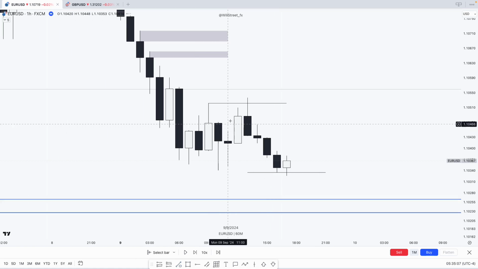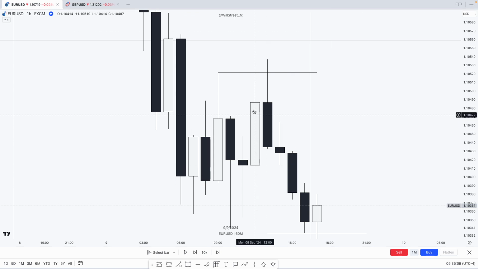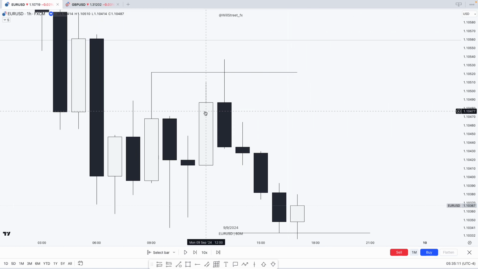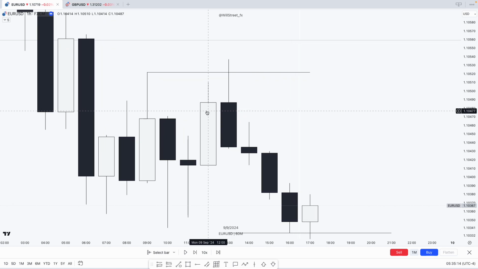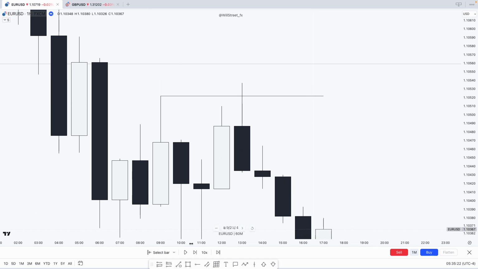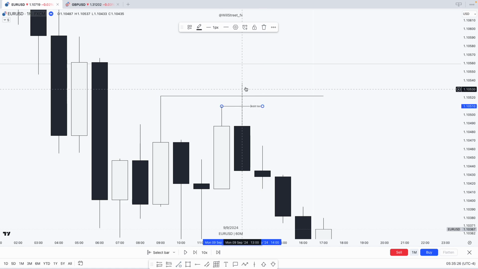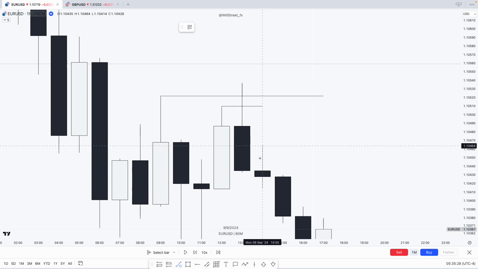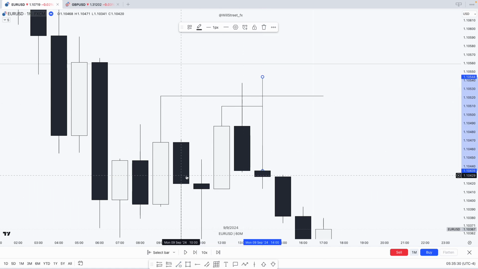So if you go to 1 hour, you will see that this 12 p.m. candle fails to push this high here. So this is the candle that is making the push, so we don't need the 2 p.m. candle to make another push.